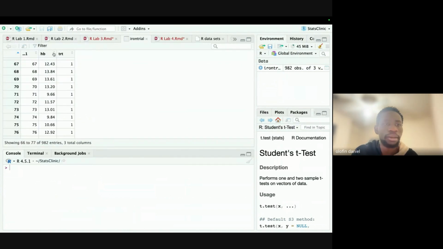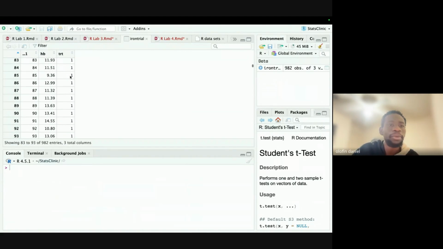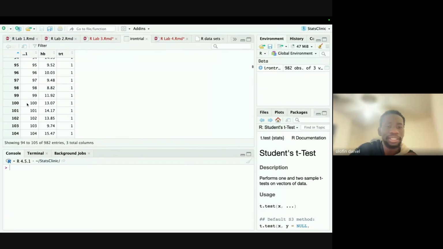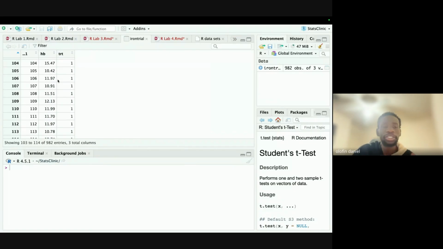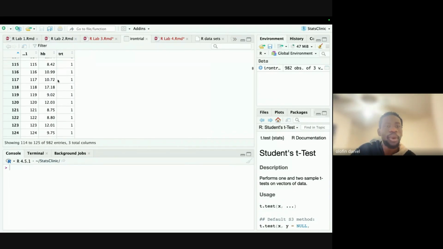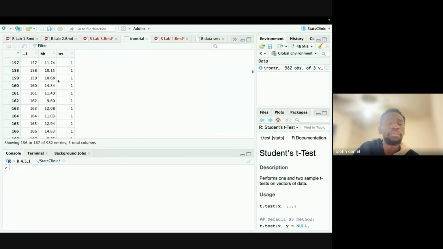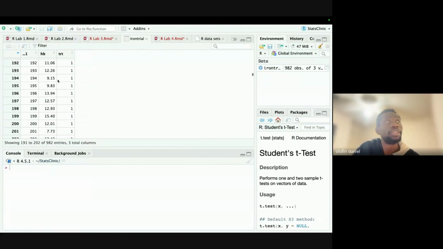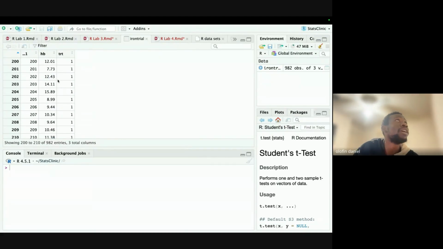When you try to check what each variable entails, you see this is just a numbering, like the serial number, giving each patient a row number, and this is just the concentration. This gives the labeling: patients on placebo and patients on iron supplements. Let me scroll down.